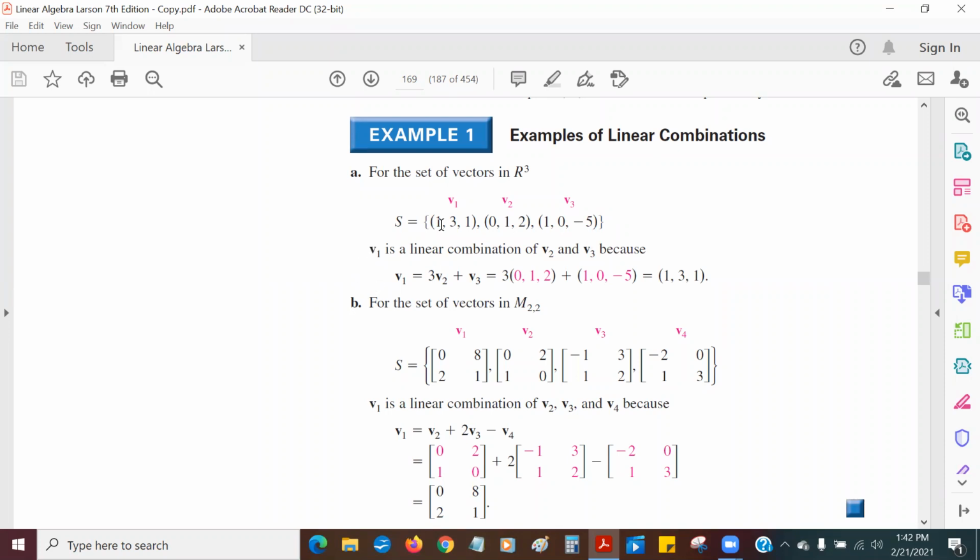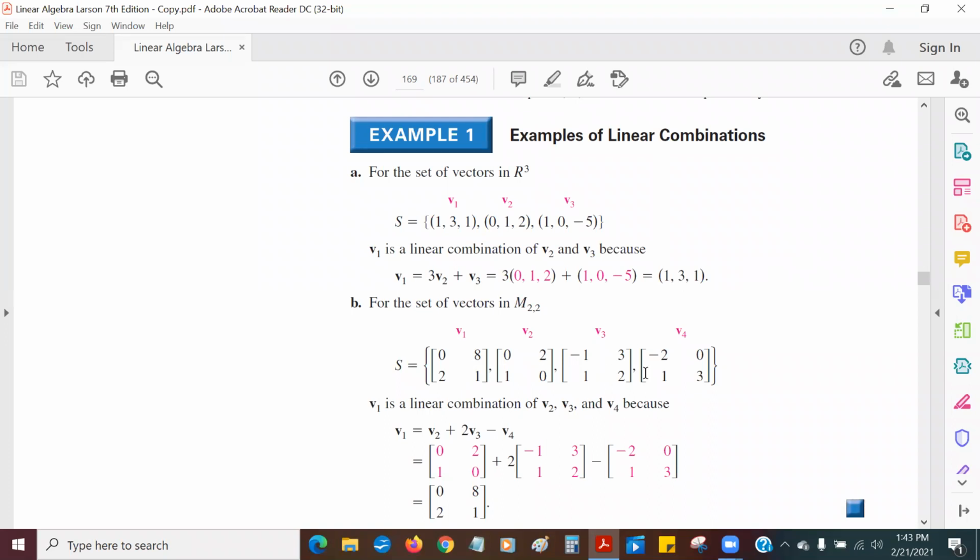Now V1, the first vector, is a linear combination of V2 and V3, because V1 is equal to 3 times V2 plus V3. If you don't believe me, 3 times 0 is 0, plus 1 gives me the 1. 3 times 1 is 3, plus 0 gives me the 3. 3 times 2 is 6, 6 minus 5 is 1. So here's an example of a linear combination.